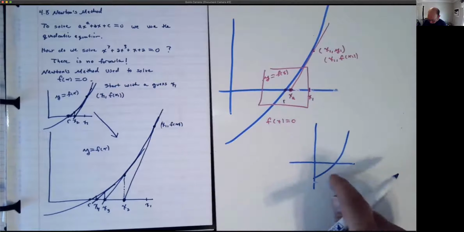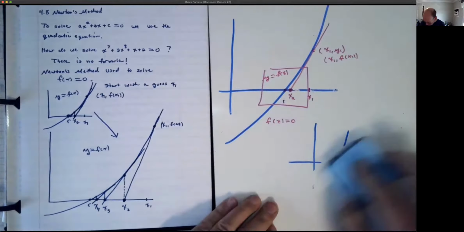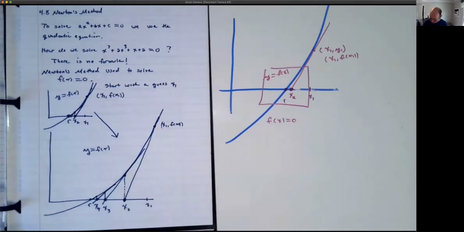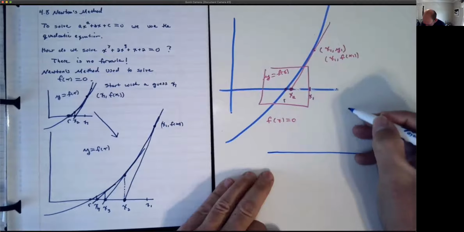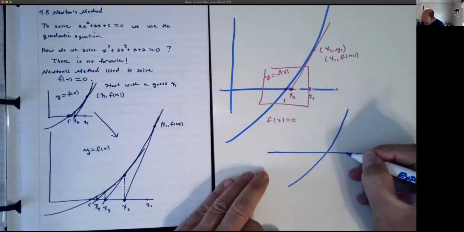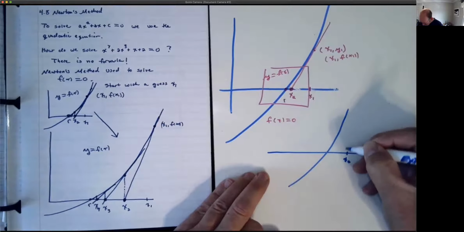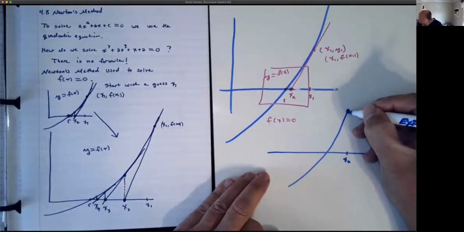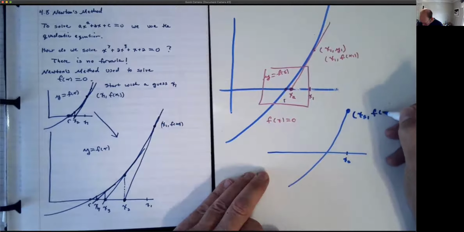Actually, if I blow it up, let me not draw the x and y axes. So blowing it up, it looks something like this. And if I blow it up enough, here would be x2. So here, say, is the point (x2, f of x2).